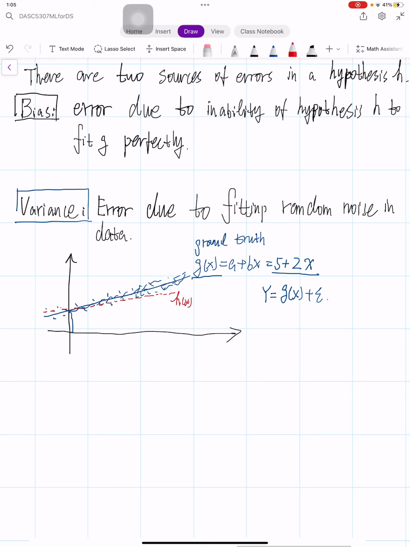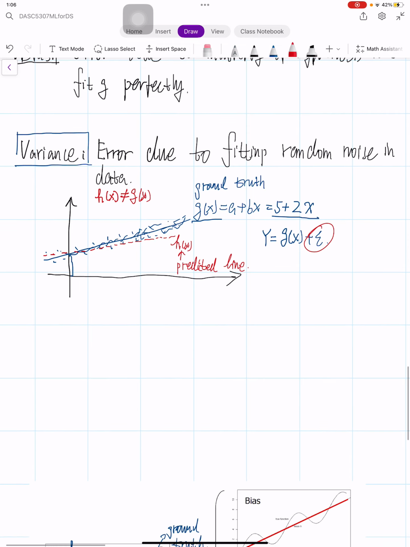This is a fitted line, the predicted curve. So no matter how accurately we estimate it, this h(x) can never equal exactly g(x) due to the random noise. So this is called the variance.